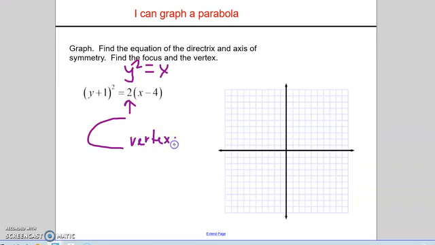Take the opposite here, so 4, take the opposite there, -1. So (4, -1) is my vertex. Then I can put in my axis of symmetry as well, and because this is opening right, my axis of symmetry is going like this.